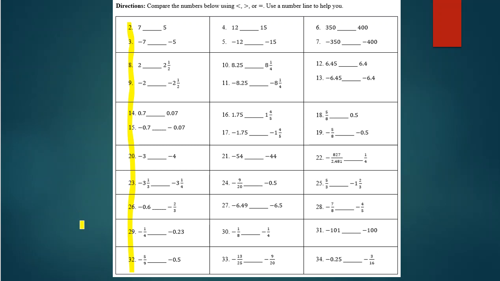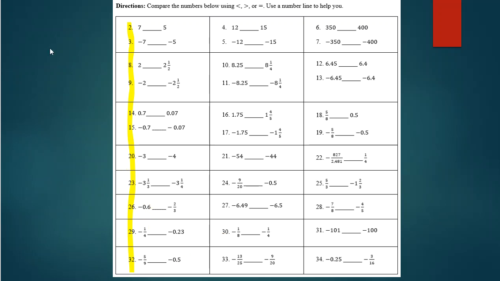If you didn't get them right, I want you to move to the next column. And then if you don't get them right, I want you to move to the next column. Okay, so as soon as you have practiced this and corrected it and you got them all right, you're ready to move on to your assignment. So go ahead and push pause right now and work on this first column, and then push play and you'll be able to see the answer key.